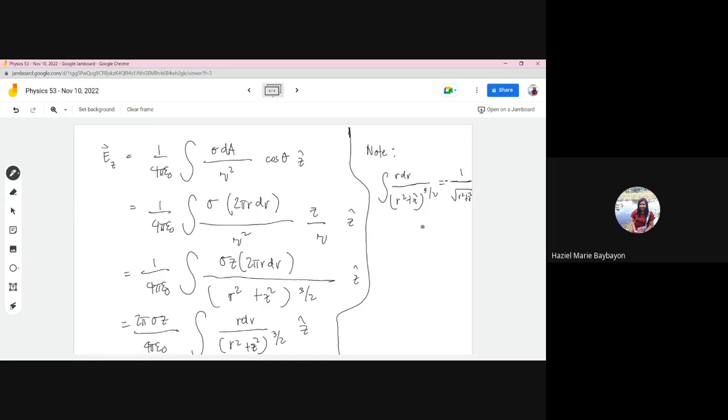Okay, so this is from the table of integrals. Therefore, ito lang ning i-substitute here. And then we will integrate this from 0 to r. So this will be integrated from 0 to big R. Okay, so this is the radius of the disk.